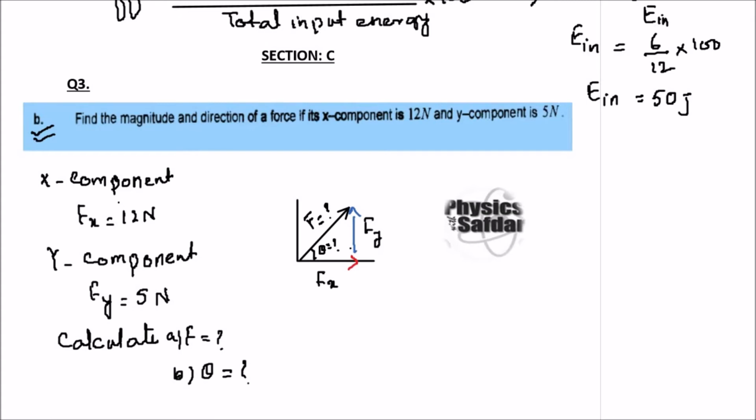Horizontal and vertical components are perpendicular to each other, so the resultant of these components you can calculate by using the Pythagoras theorem. You can write here F squared is equal to Fx squared plus Fy squared.